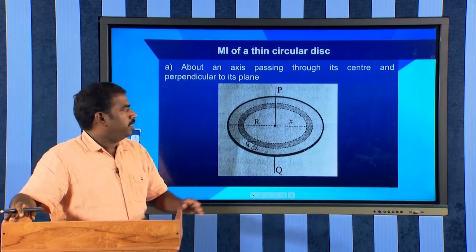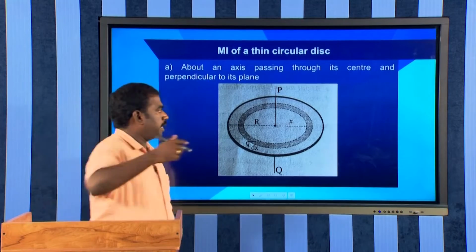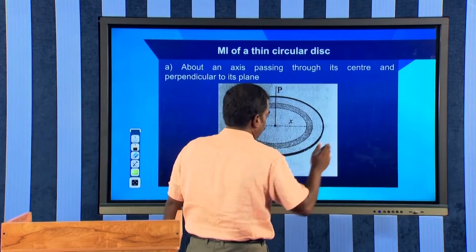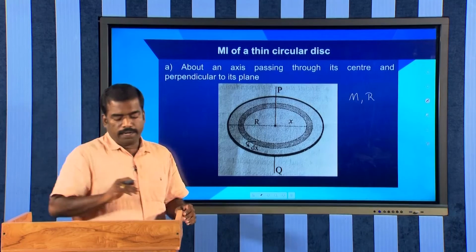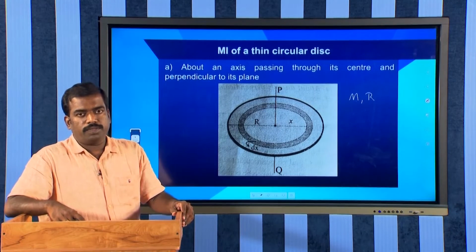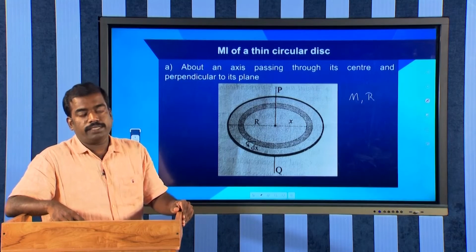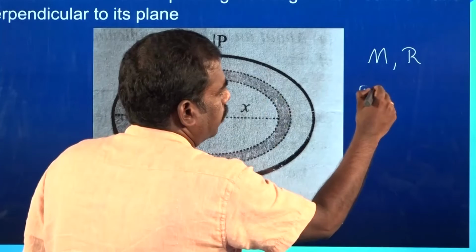So, here we need to consider a circular disc of mass capital M and radius capital R. Here also we are considering mass per unit area, which is given by sigma.